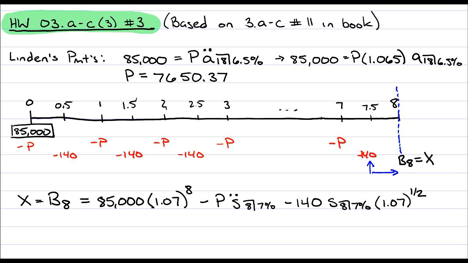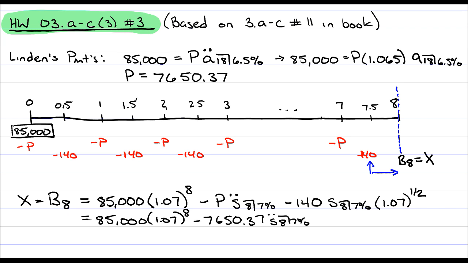If you get all of that, then from here we can just calculate it because there are no variables left in here. I have this P, but we already know what P is. It's 7650.37. So go ahead and run all that through the calculator and make sure you get the correct answer.